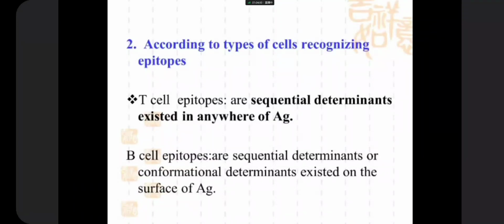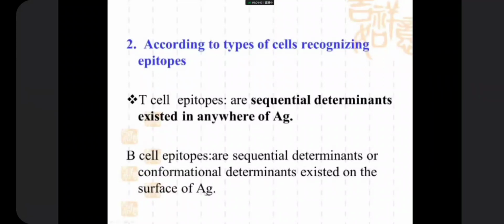Also, according to types of cell recognizing epitopes, the epitopes can be classified into T cell epitopes and B cell epitopes. The T cell epitopes are usually sequential determinants existed in any part of antigen. But B cell epitopes are sequential determinants or conformational determinants existing on the surface of antigen.